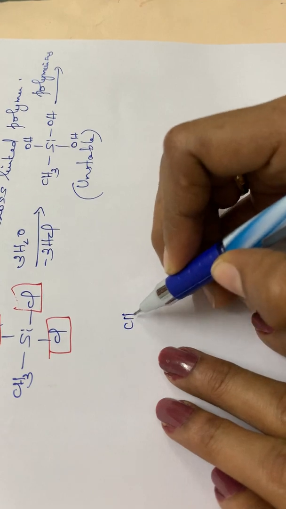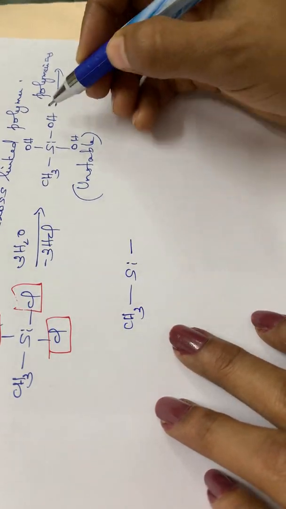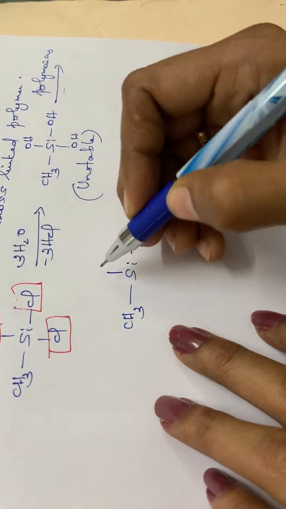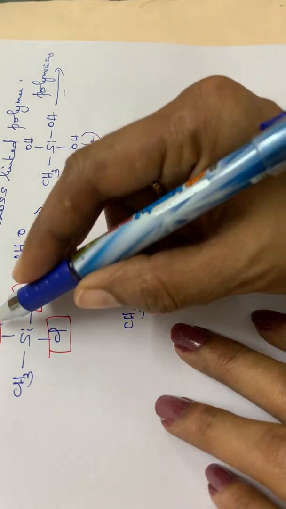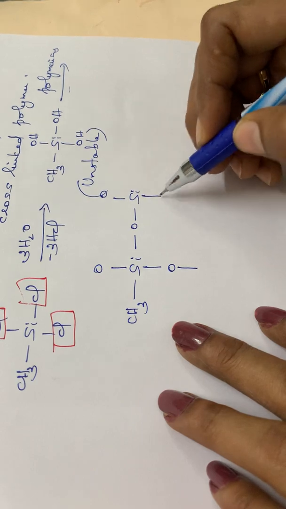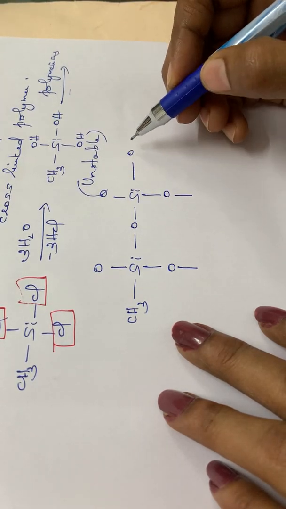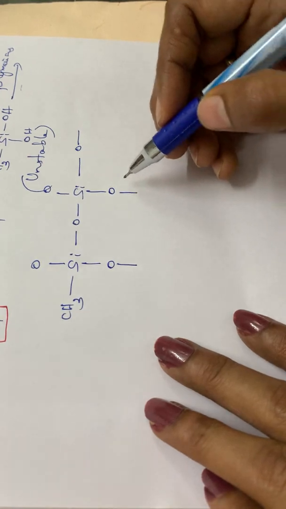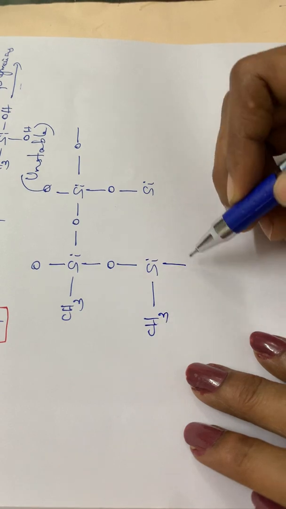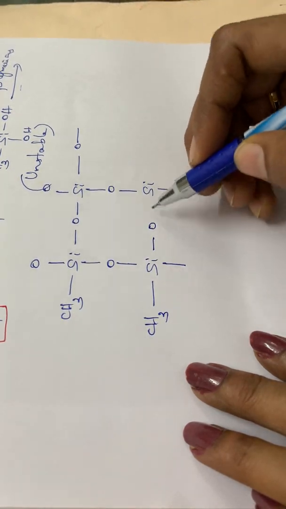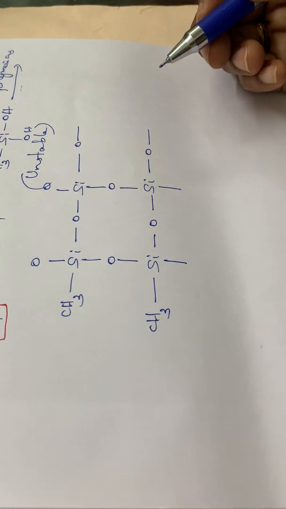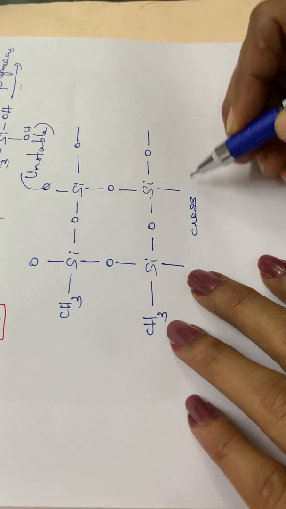The compound will be CH3, then Si, and at this part an O linkage, then again Si, here also O. Instead of all the chlorine atoms, they are replaced by SiO linkages. Then Si, then one CH3 group, and again this will be continued with oxygen atoms like this. So this is a cross-linked polymer.